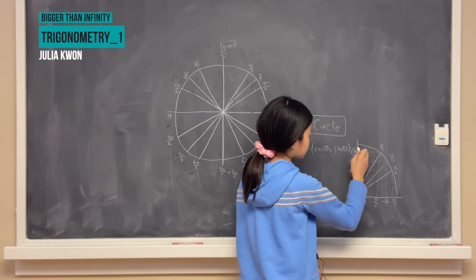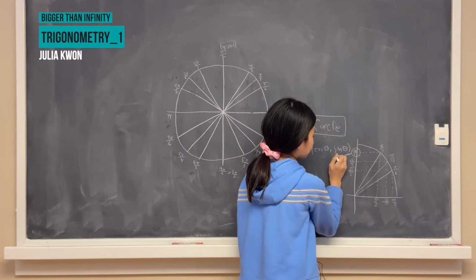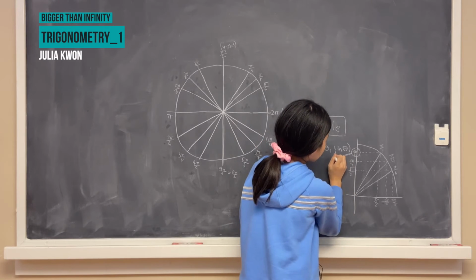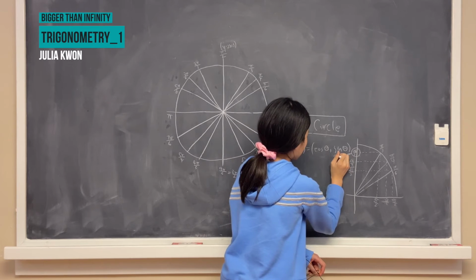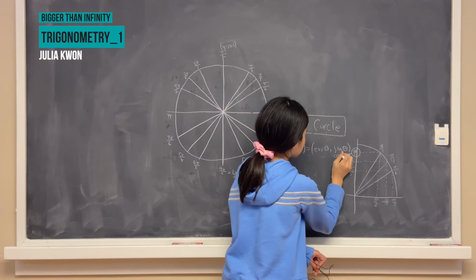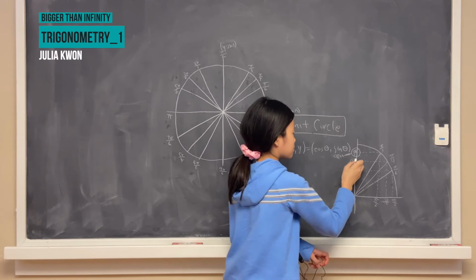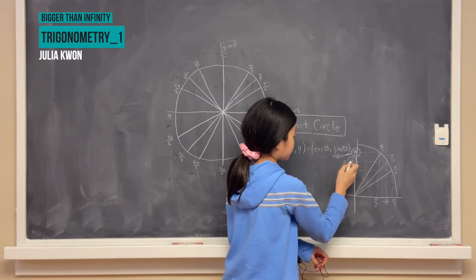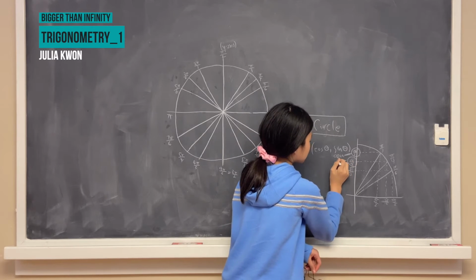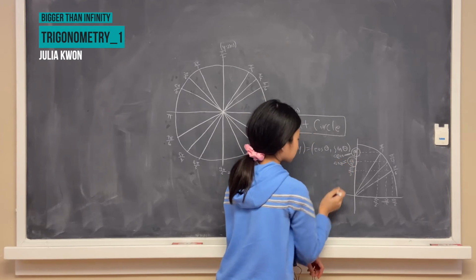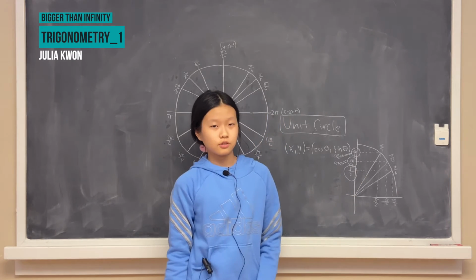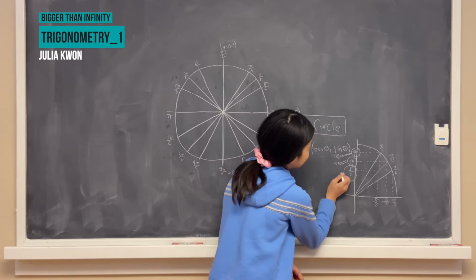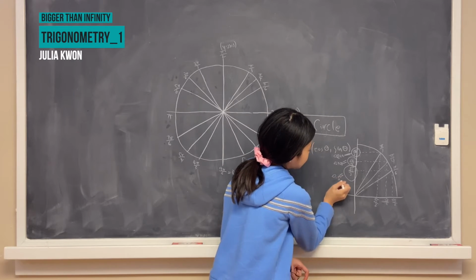Now, square root of 3 over 2 is equal to 0.866, and square root of 2 over 2 is equal to 0.707, and square root of 1 over 2 is just 1/2, which is 0.5.